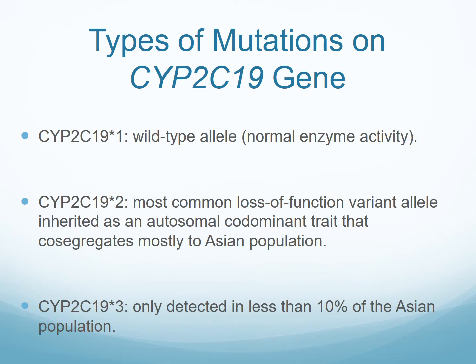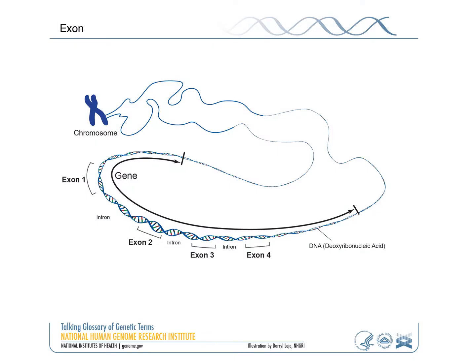These are the things that we know can be mutations on the 2C19 gene. It can be wild type. Remember, that means normal. It can be star 2, which is the most common, and it's a codominant trait, mostly in Asian. Star 3 is less than the population, and that's also Asian.